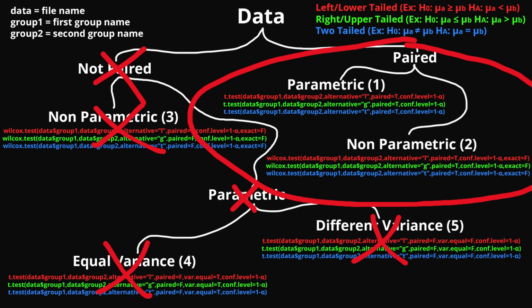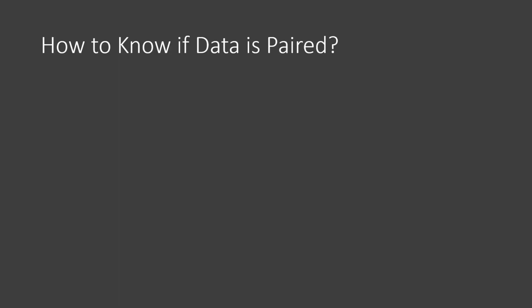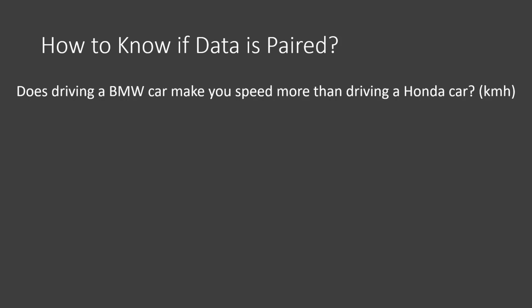And as well, you can see the little equations that you use to find either the z or t statistics and the p-values. But let's just get into it. So first question is, well, how do you know if the data is paired or not? All right. And so generally this is pretty easy, but we'll use an example to make it easier to describe. So the example is, does driving a BMW car make you speed more than driving a Honda car?